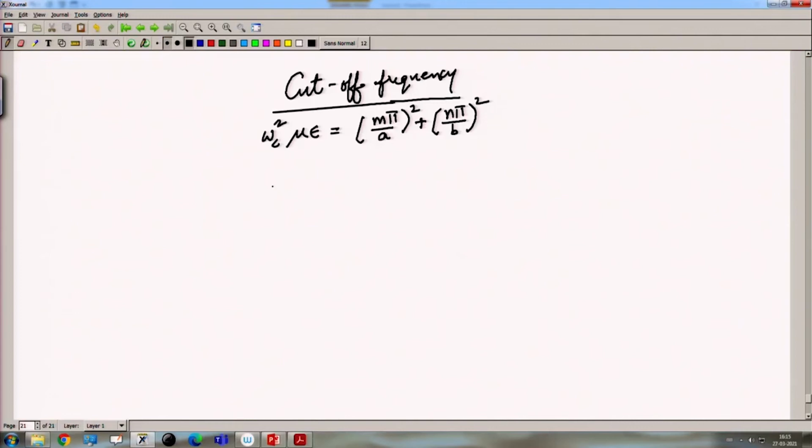And from which fc is given by 1 by 2 root epsilon mu, root of m by a whole square plus n by b whole square.